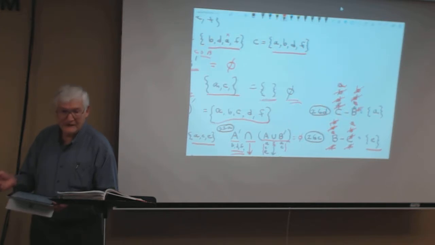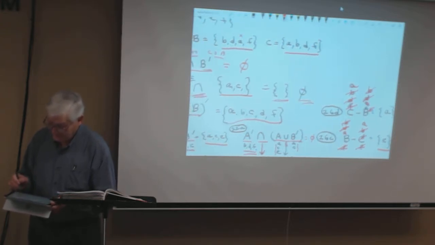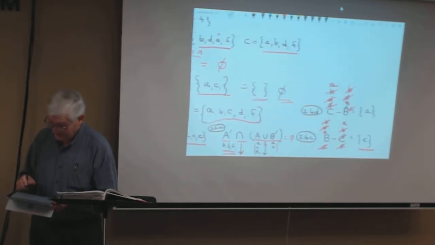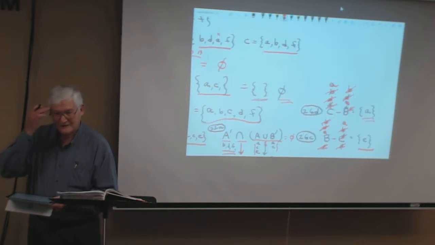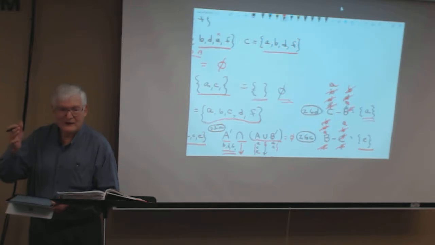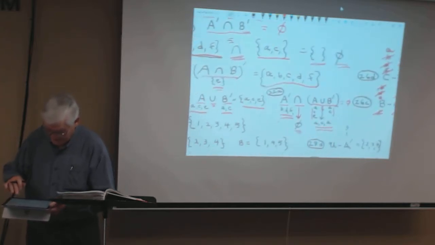So what's left? You say, what about the E? There's no E to subtract, so you just ignore it. So what's the answer? C minus B is the set whose element is A. That hurts, doesn't it? It's making your head hurt. Write down in your own words as best you can what that means so you can do the work.